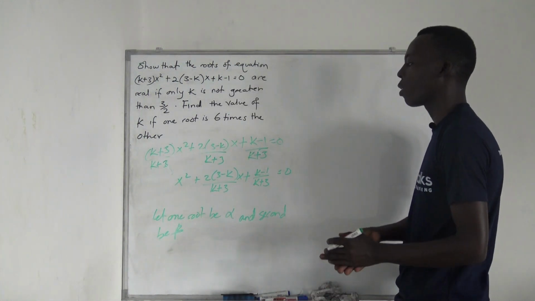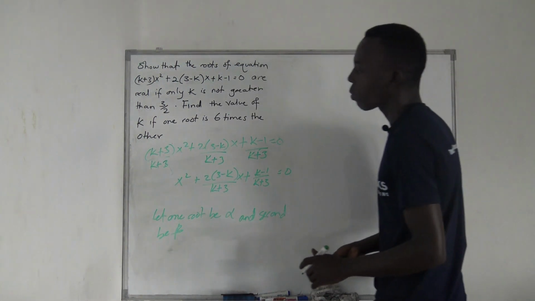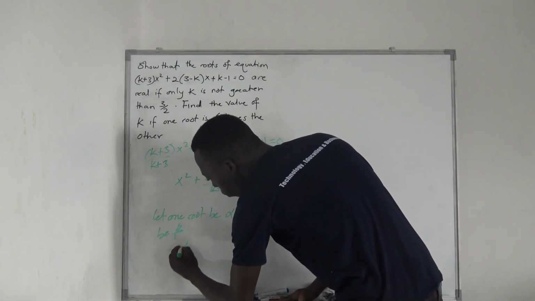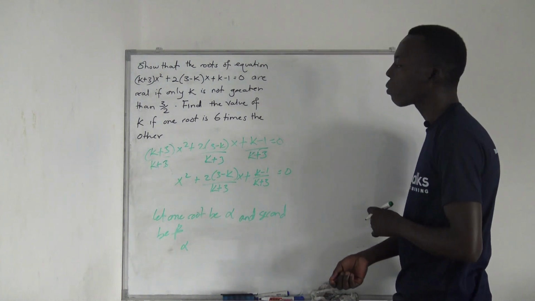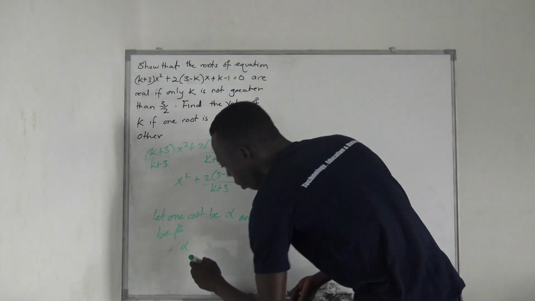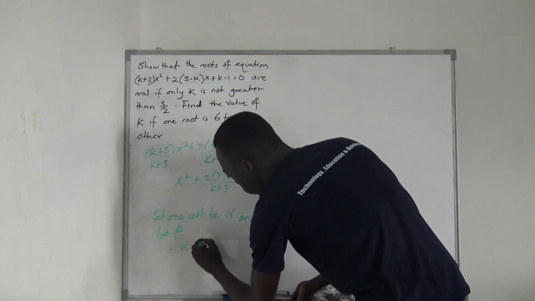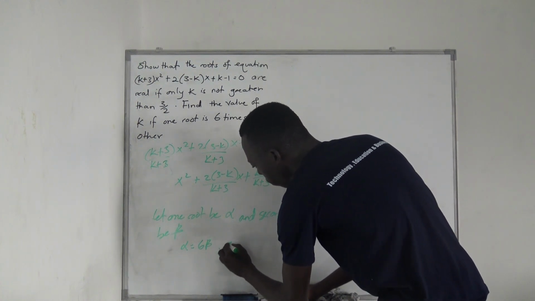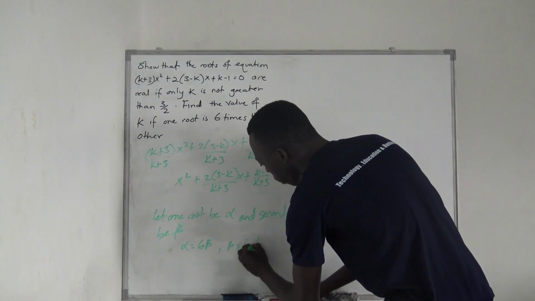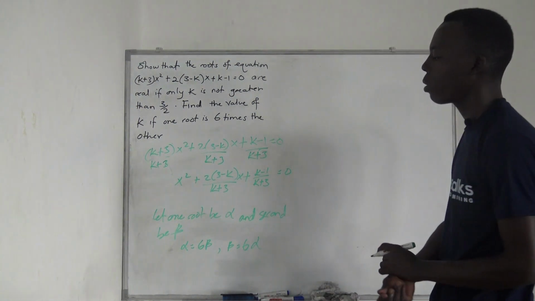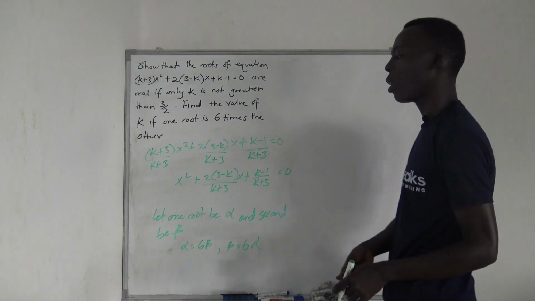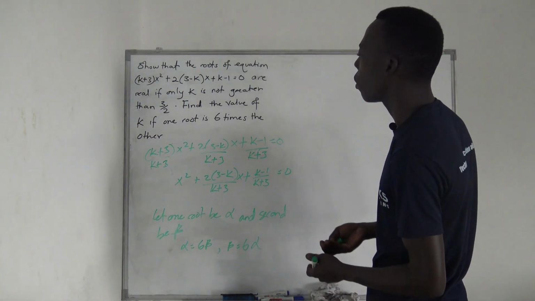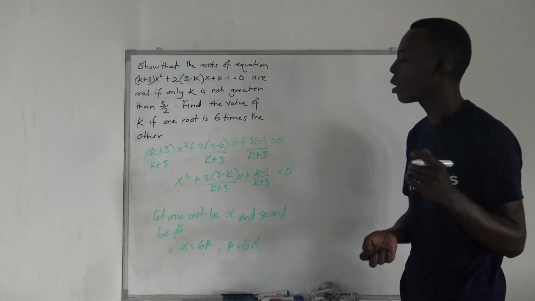So if one root is alpha, the second one is beta. For alpha to be 6 times the other, it will be alpha equals 6 beta, and also beta equals 6 alpha. So that's what we are dealing with: alpha must be 6 beta and beta must be 6 alpha. That is one root being 6 times the other.